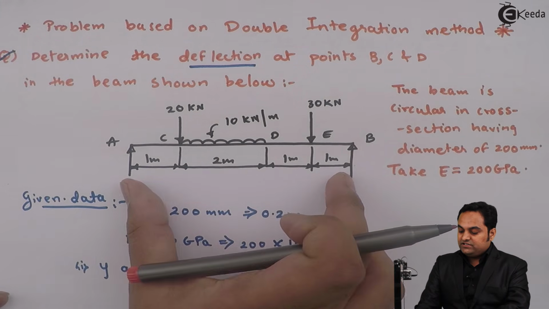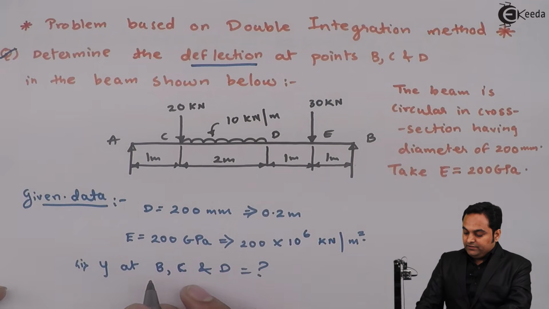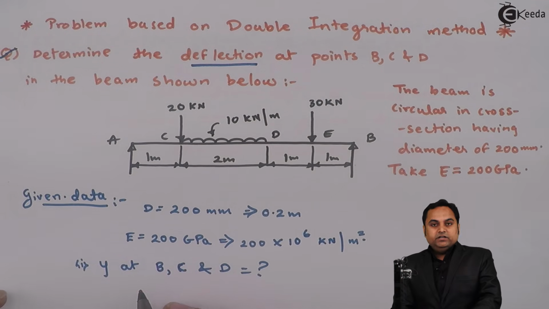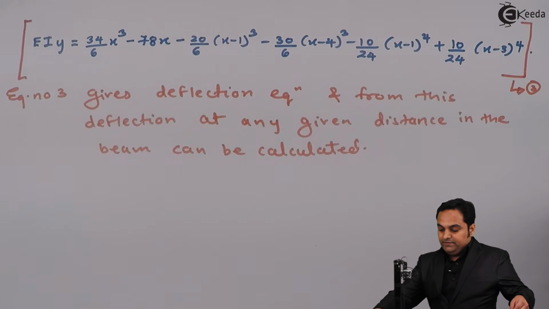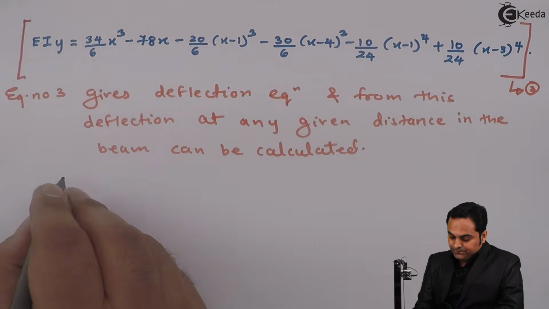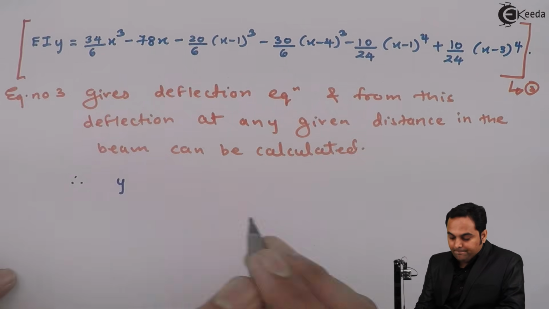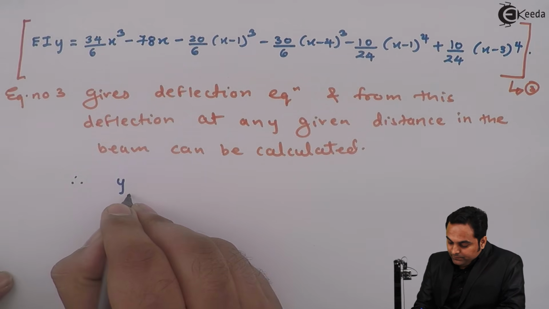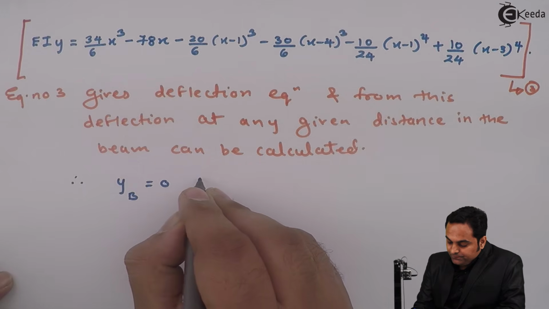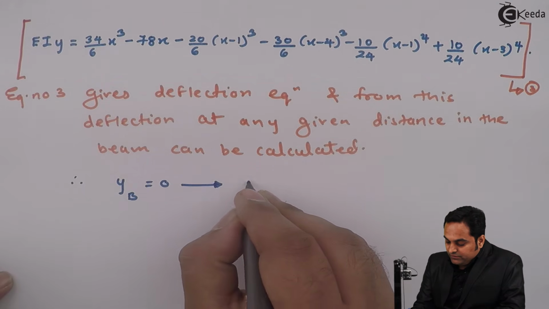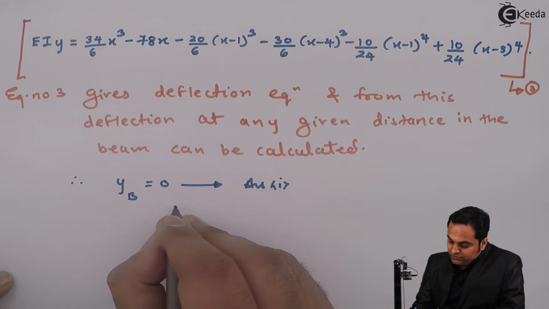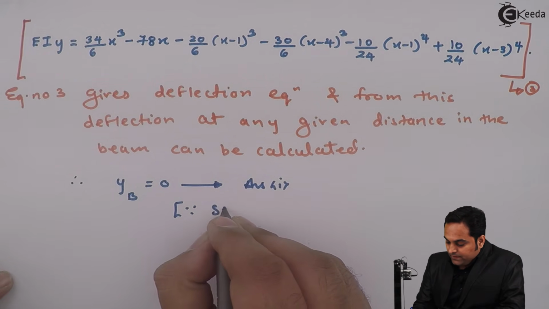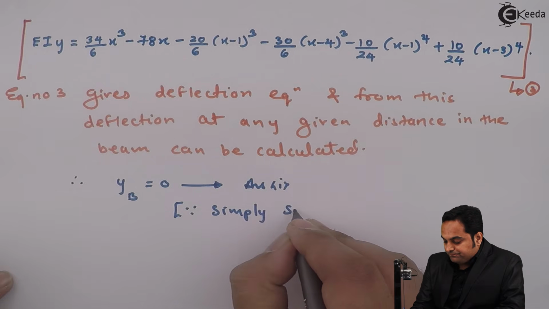So I have to keep x is equal to 5 meter, and there the deflection value is 0, that we have seen in the boundary condition. So the first answer is y at point B is equal to 0, since it is a simply supported beam.